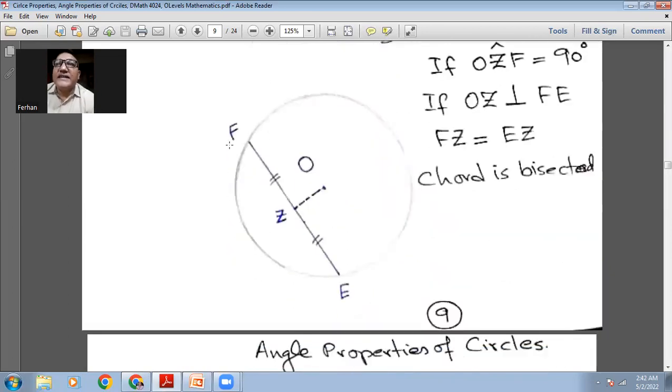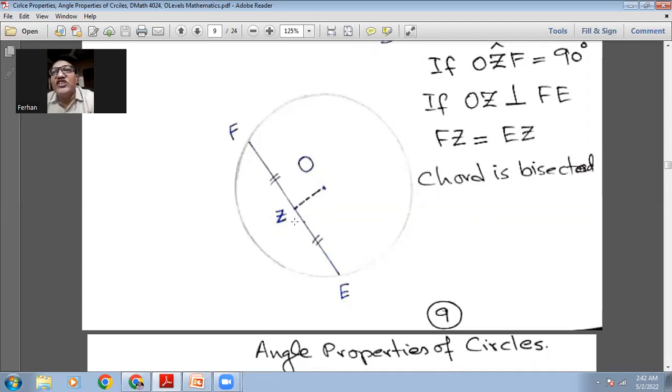Here is another example of the same property. For example, FE is a chord. A chord is a line in which you join 2 points on the circumference with each other. And OZ is the line segment coming from the center to the chord. If this angle OZF or OZE is 90 degrees, if OZ is perpendicular to FE, then the chord will be bisected, meaning it will be divided into 2 equal parts.